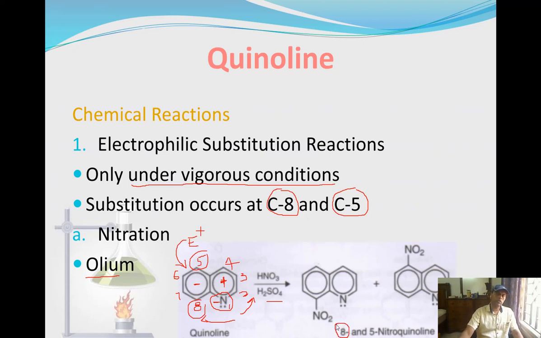Substitution at position number 8 is going to be faster than substitution at position number 5. So that is the electrophilic substitution reaction, the reaction of nitration as an example.